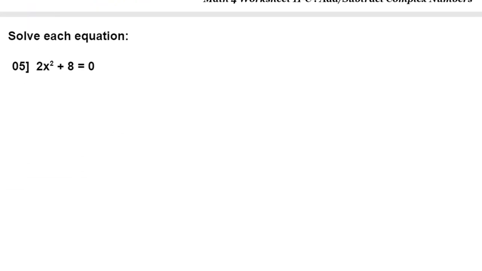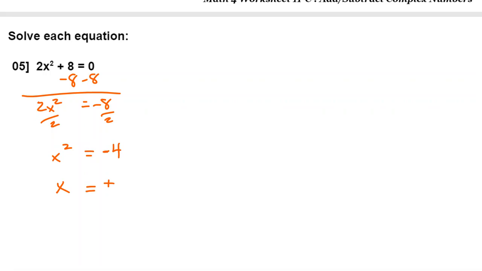All right, now I want to get x by itself, which means I first get rid of the 8. Then I divide by 2. Square root of 4 is 2. So we're going to wind up with plus or minus 2i for an answer there.